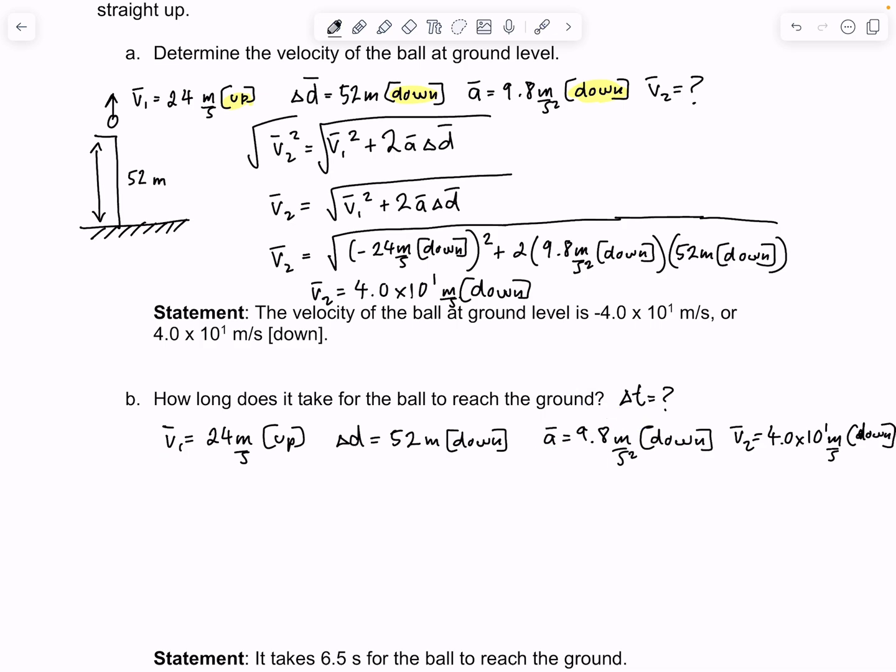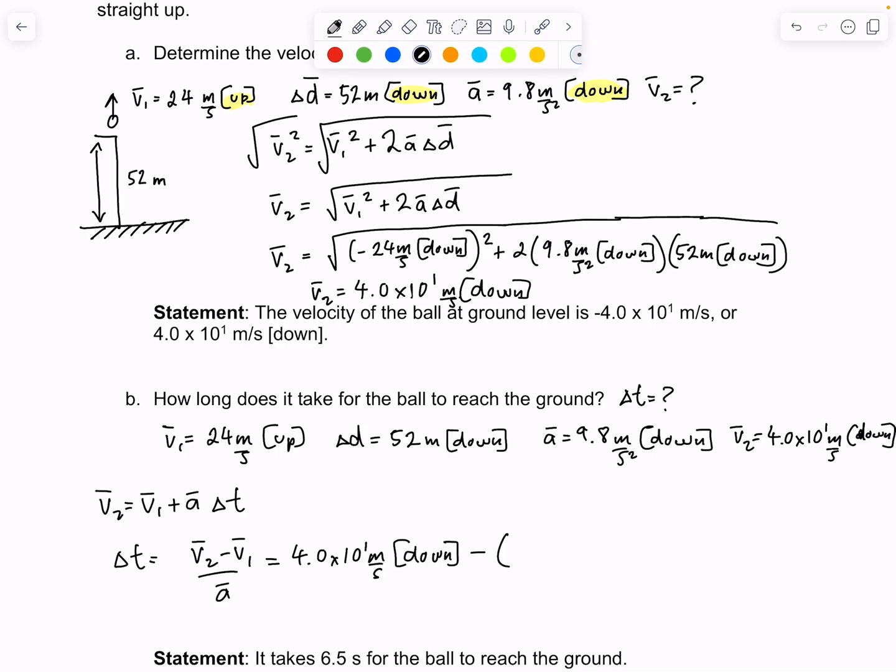I'm going to choose a simple equation, equation number 2. V2 equals V1 plus A delta T. And I'm going to rearrange for delta T. It's equal to V2 minus V1 over A. I sub and solve. I'm left with 4.0 times 10 to the power of 1 meters per second down minus V1. Now watch what I'm going to do here. I'm going to switch the direction to negative down.